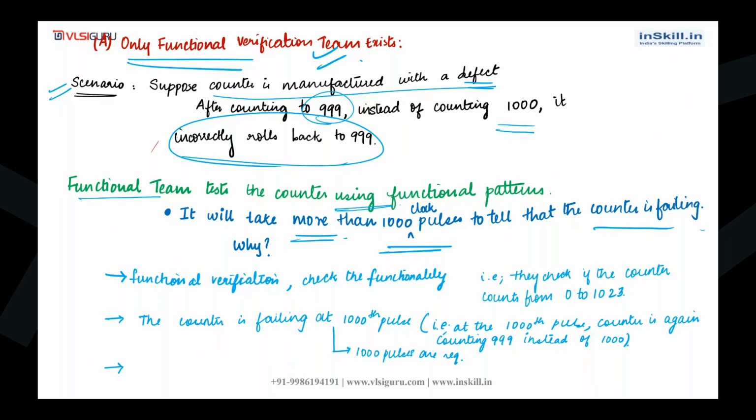Counter observation means the output of the counter has to be taken to some register and the register has to be read.